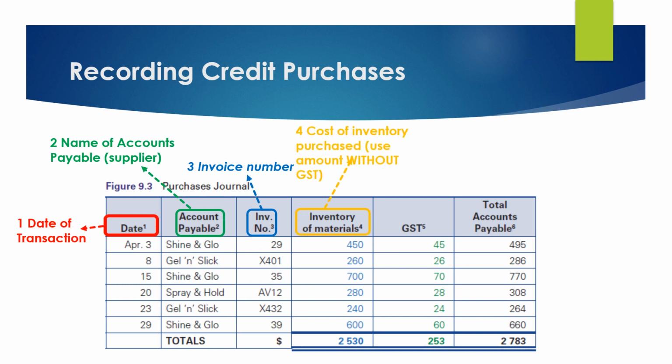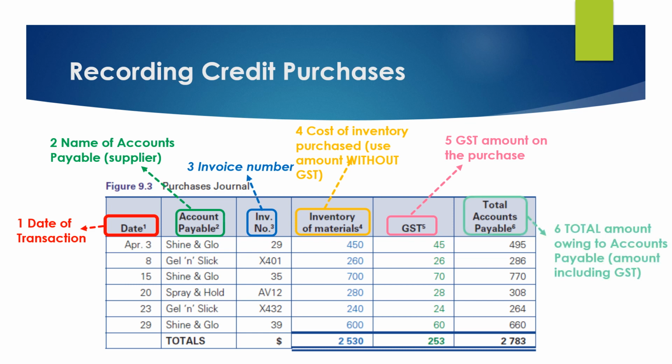Then here in the inventory of materials column, this is where we record the cost of inventory purchased, and here we record the amount without GST. In the GST column, we record the GST amounts on the purchases. And lastly, in the total accounts payable column, this is where we record the total amount owing to the accounts payable as a result of the credit purchase.